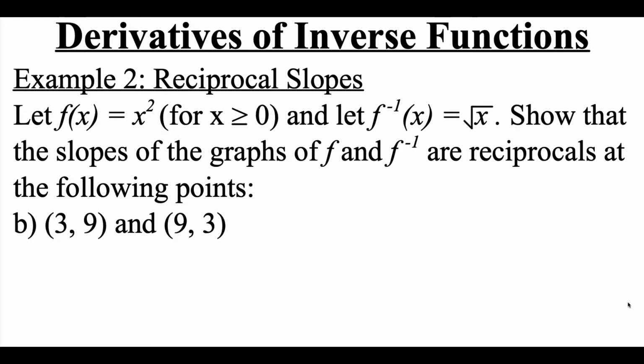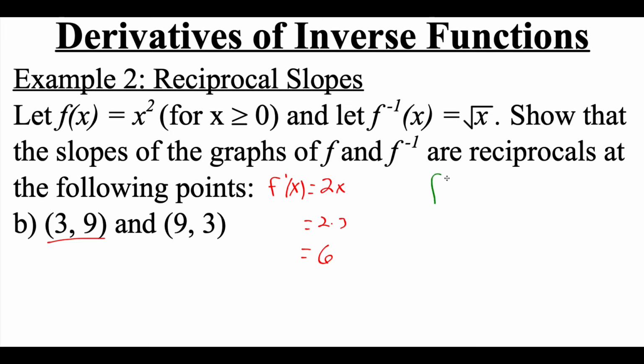Now, doing the exact same thing, but looking at a couple of different points, the points (3, 9) and (9, 3), we already know that the derivative of our f function is 2x, and we're looking at the point (3, 9) for that f function. So if I plug in 3 there, 2 times 3, we get a slope of 6.